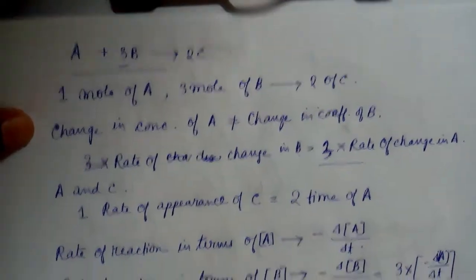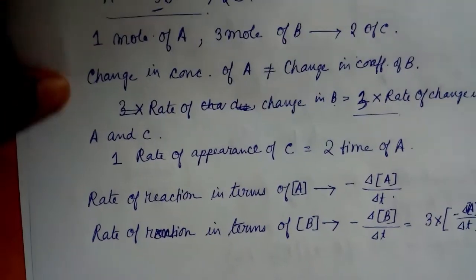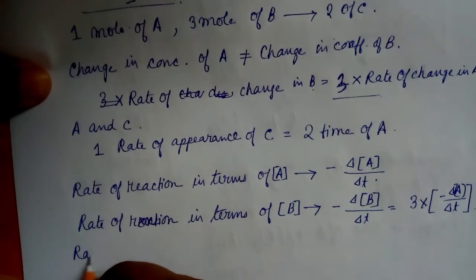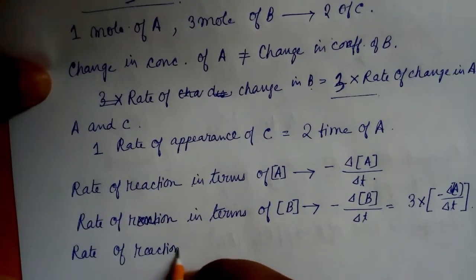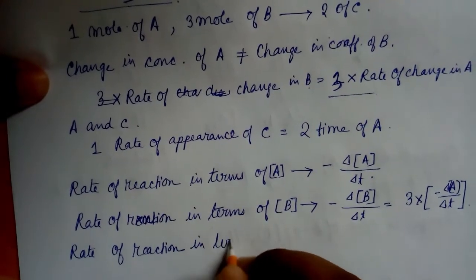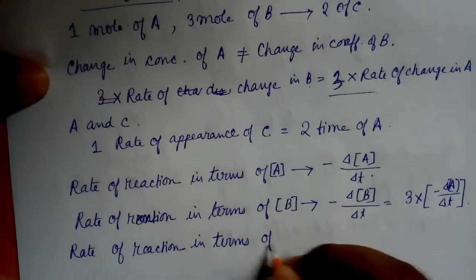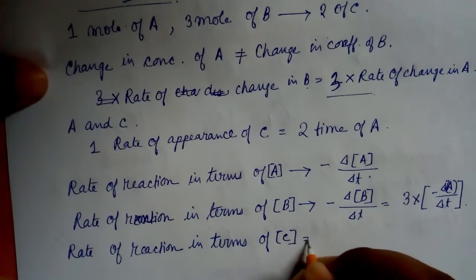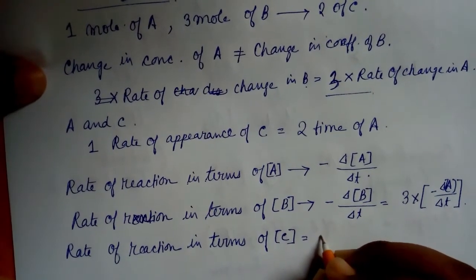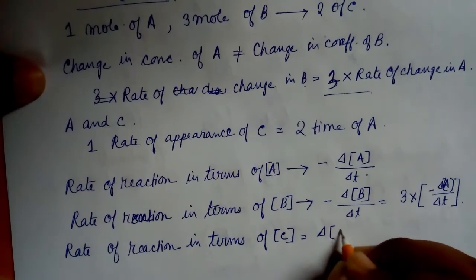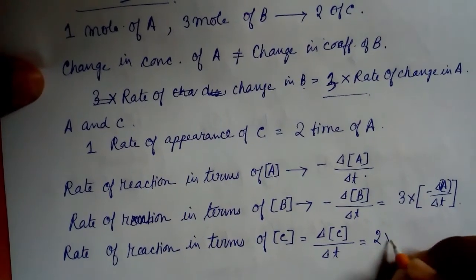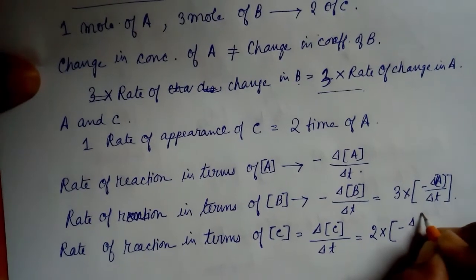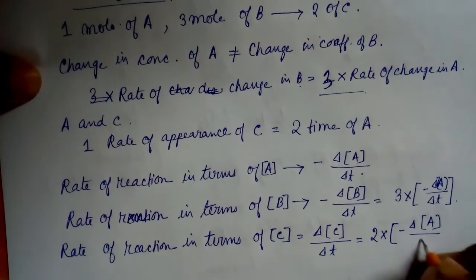Again, the rate of reaction in terms of C can be written as delta C by delta t, which is equal to 2 times delta A by delta t from this line.